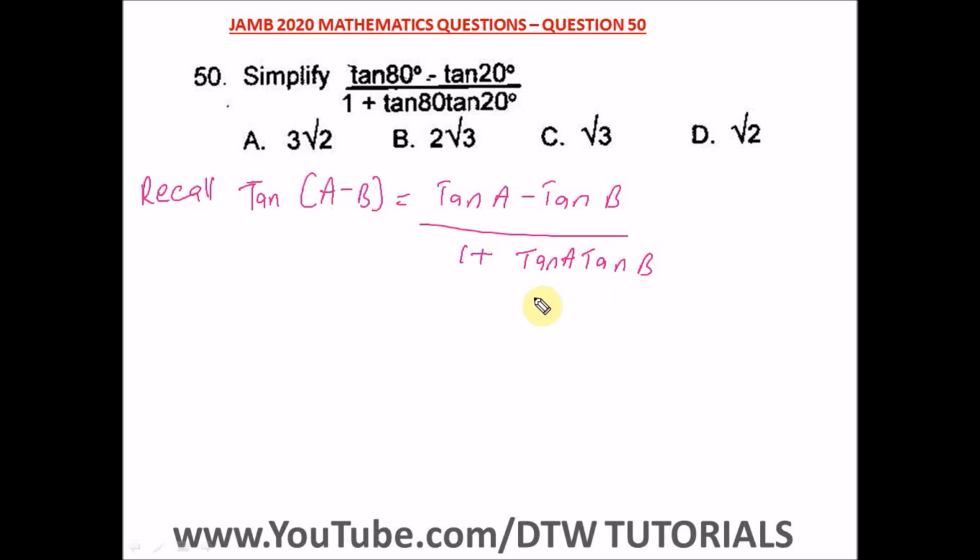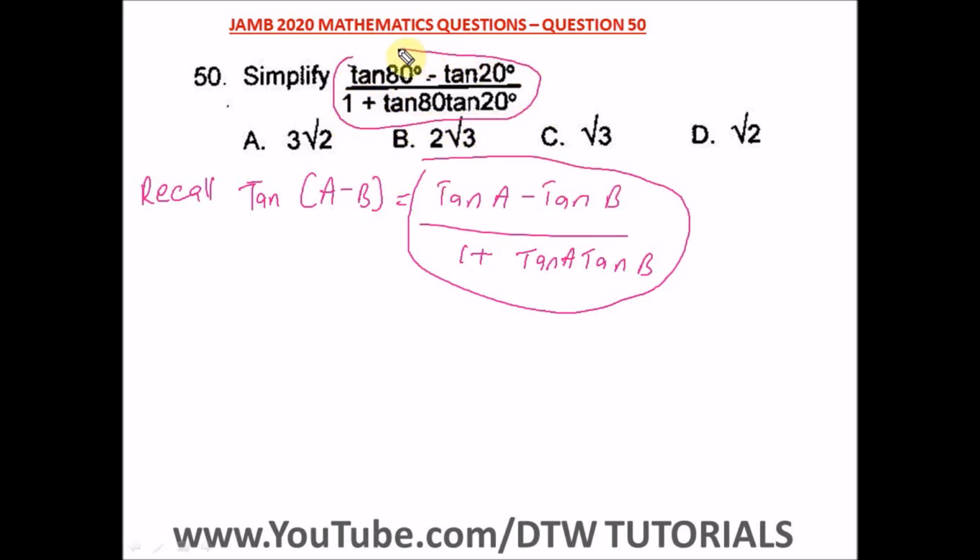So if we check this expression, it is quite similar to this. If you look at it very well, they are similar. So therefore, this is equal to tan(80 minus 20), which is therefore equal to tan 60 degrees.